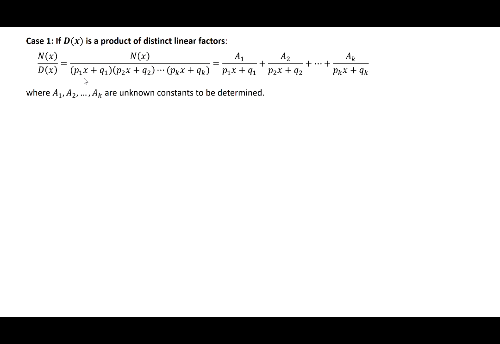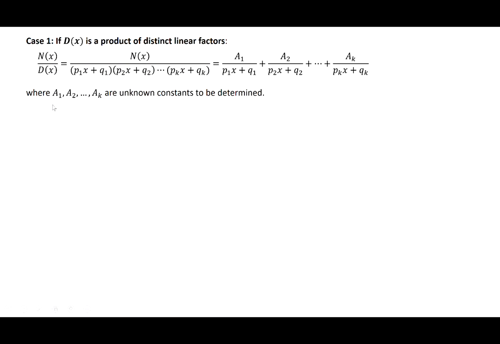Now, when it comes to partial fraction decomposition, if you have a situation where the denominator is comprised of distinct linear factors, this is the first step in the process. You set that equal to some constant a1 over the first factor, p1x plus q1, plus some other constant a2 over the second linear factor, and so on, all the way up to a sub k over pk x plus qk.